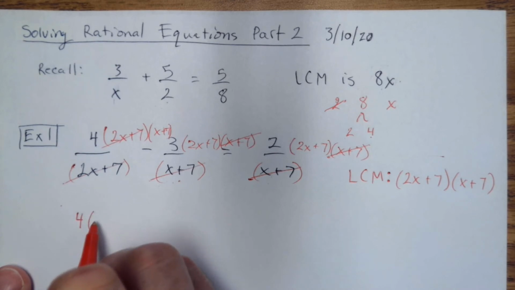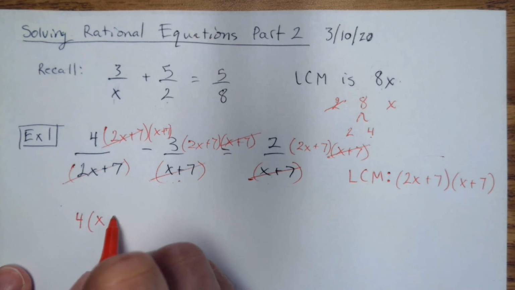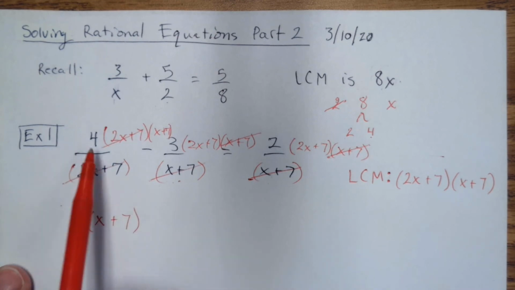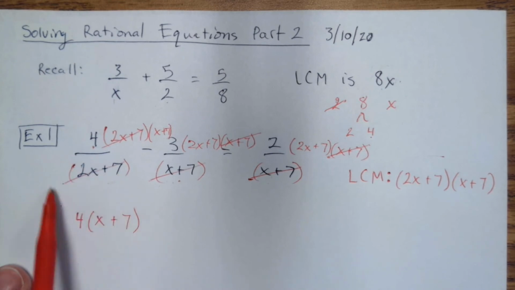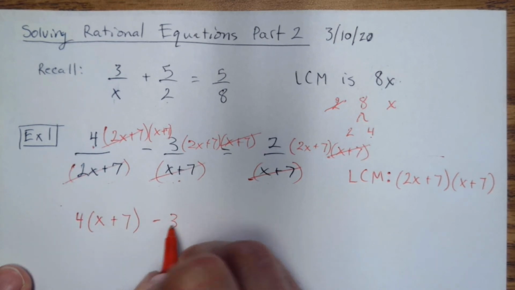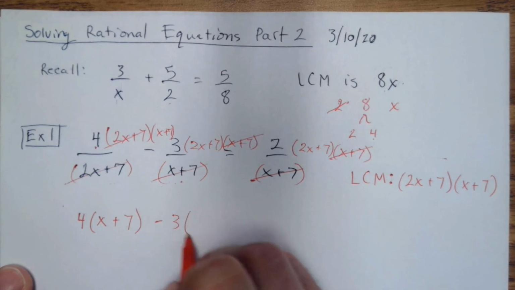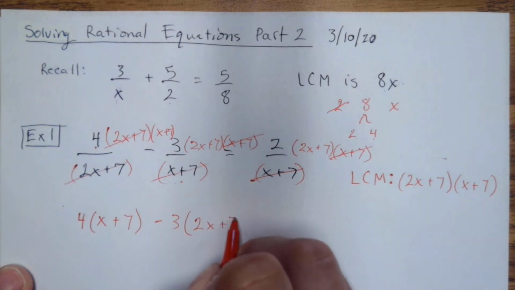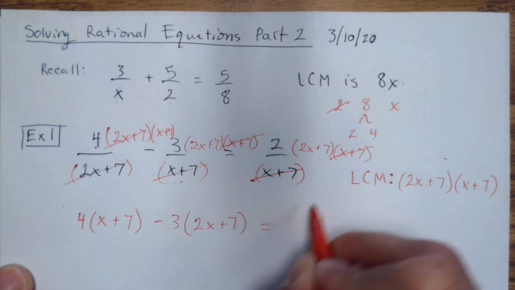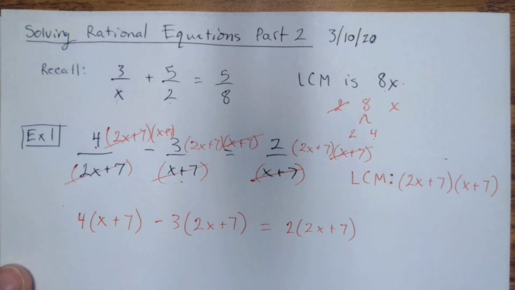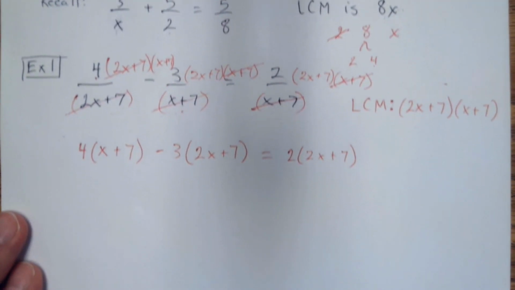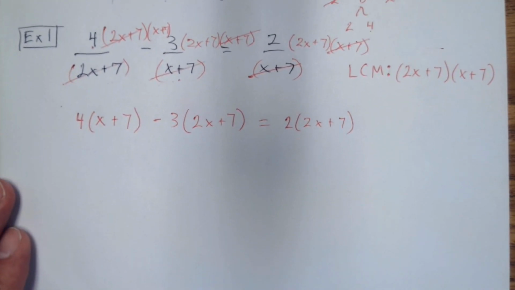If you're good and you've practiced a bunch, then maybe you can do this all in one step, but I'm going to write this down. I'll have a 4 times an x plus 7 that I'll have to distribute. This bottom canceled out to 1. I have a minus 3 and a 2x plus 7 equals 2 and a 2x plus 7. Then it should be pretty easy to solve.